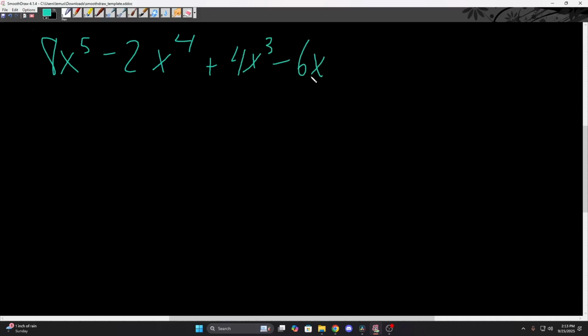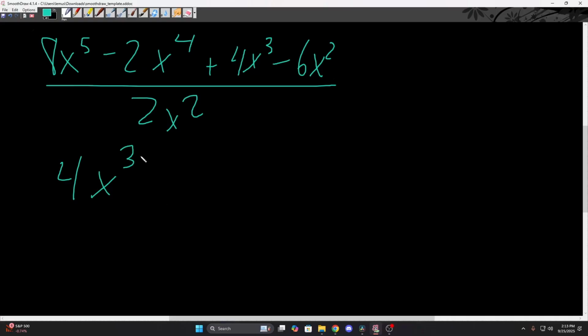Alright, the next question is the quotient of 8x to the 5th power minus 2x to the 4th power plus 4x cubed minus 6x squared, divided by 2x squared. You're just dividing. Just remember, the number in front of the x, you always divide that, but the exponents, because of the exponent rule, you just subtract the exponents. So 8 divided by 2 is 4, 4x cubed, and then minus 2 divided by 2, that's minus 1, x squared.